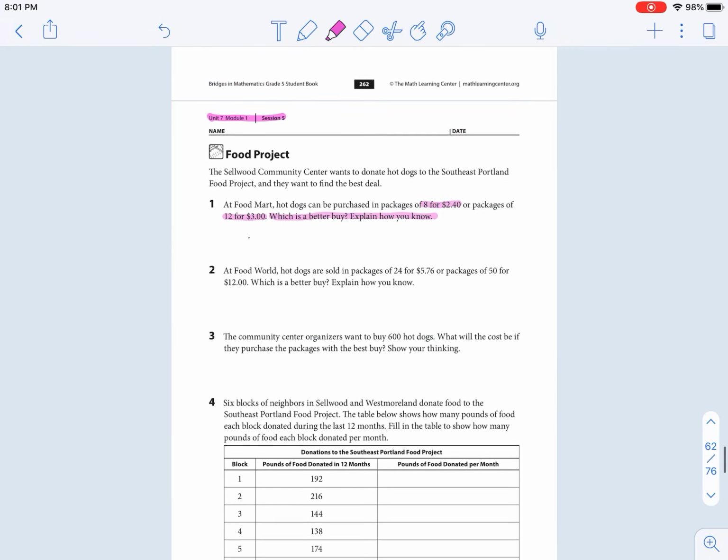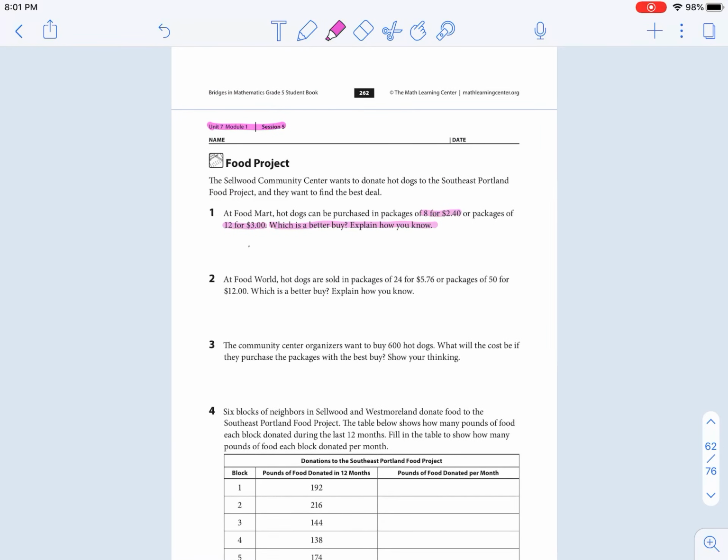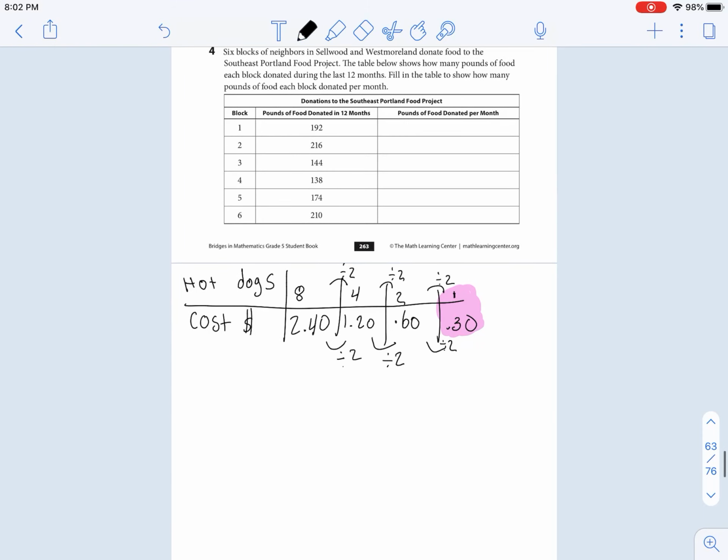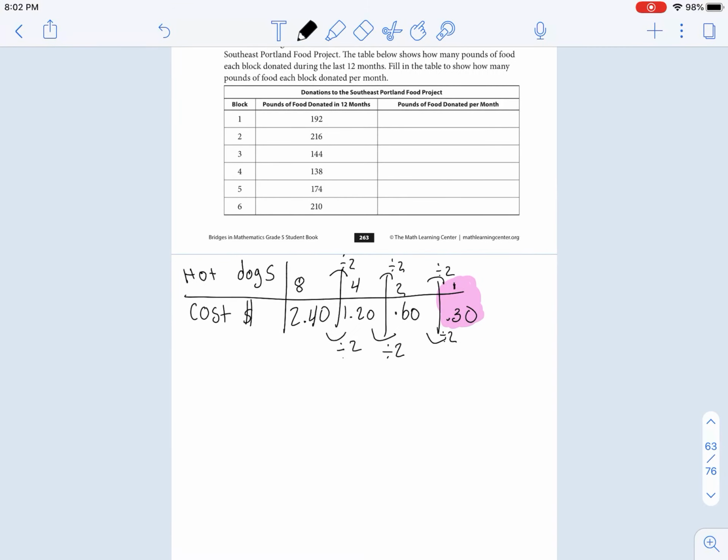Now, we're not done yet because it asks us which is a better buy. So we still have to figure out how much one hot dog is in the other situation. So again, I'm going to set up my ratio table. We have hot dogs, and we have the cost.